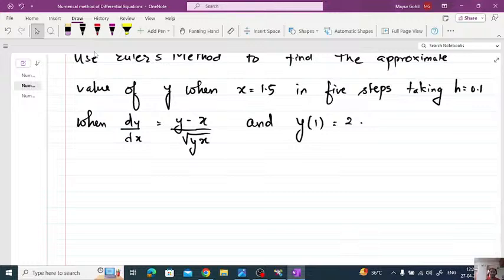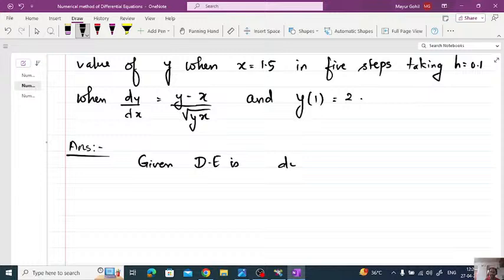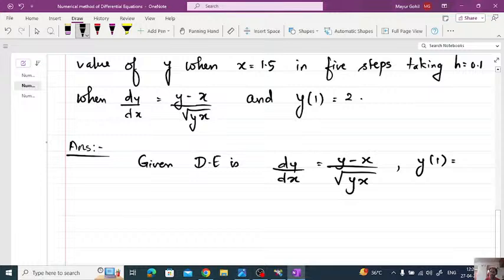So just see here, we are given everything in the question. First, we write like this: given differential equation, dy by dx is y minus x over square root of yx with y1 equal to 2. All of you wrote down this question?